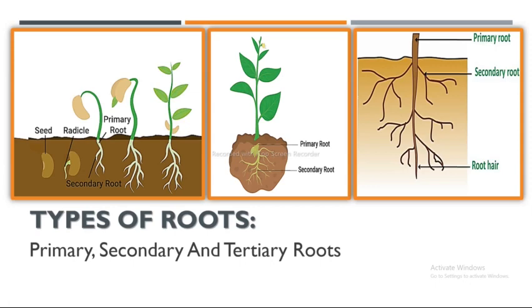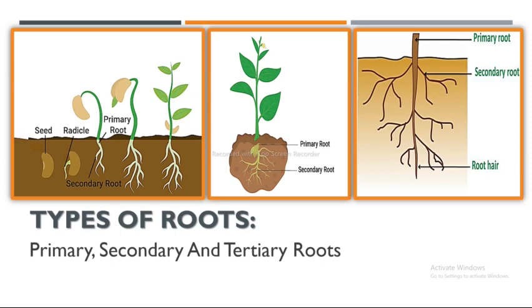And when this embryonal root grows and forms the primary root, it means that the radicle or embryonal root gradually becomes the main root of the plant, which is known as primary root. And this primary root again branches off to produce secondary root.